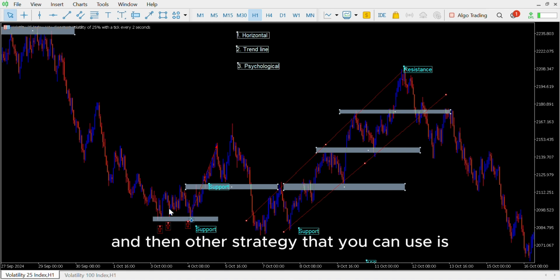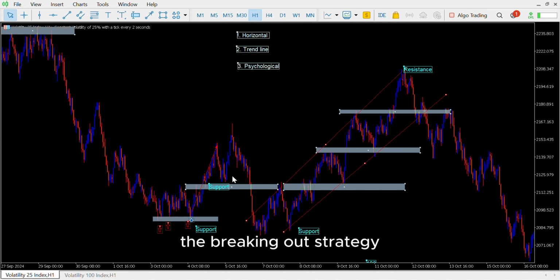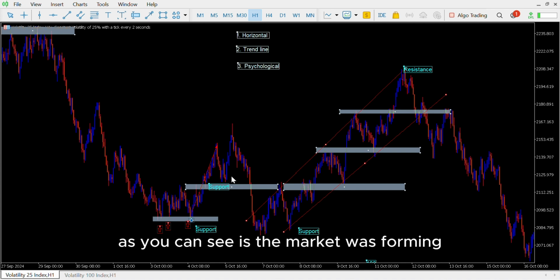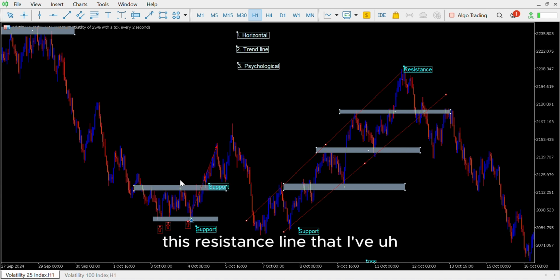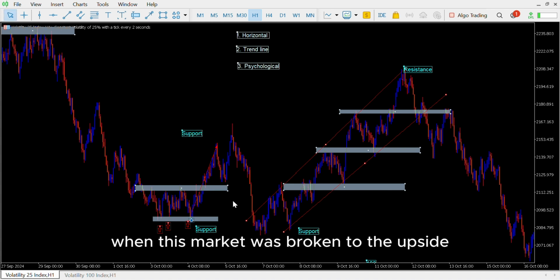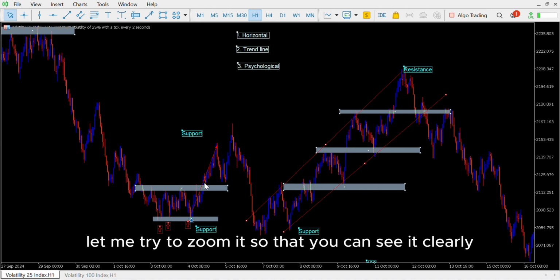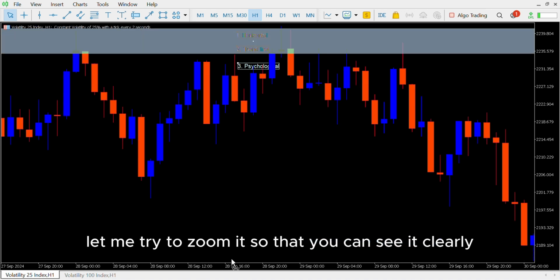And then the other strategy that you can use is the breakout strategy. As you can see, as the market was forming this resistance line that I've drawn earlier, this market was broken to the upside. Let me try to zoom in so that you can see it clearly.